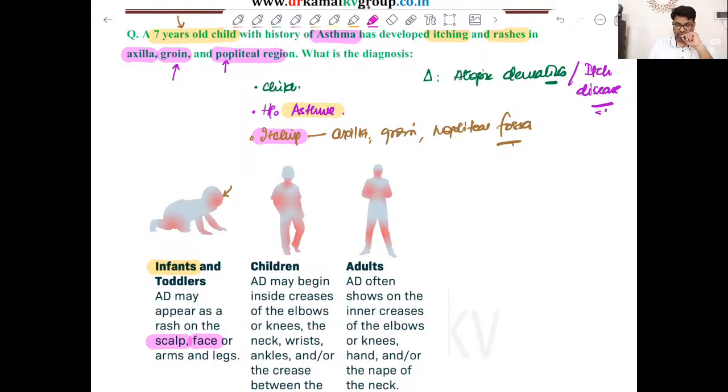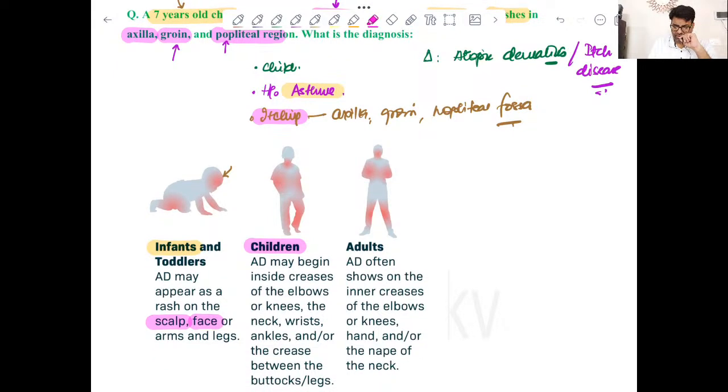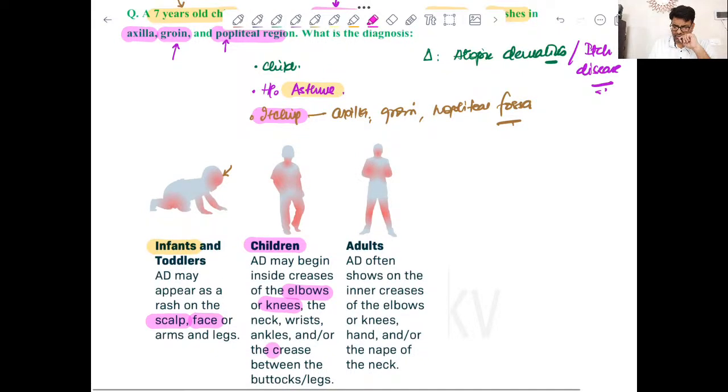That is for infants. Then as the patient grows up, in children it can be anywhere, like the cubital fossa, popliteal fossa, then anywhere in the crease area: axilla, groin, neck. So this is for children. And in adults, it is limited mainly to the cubital fossa and the popliteal fossa, right?